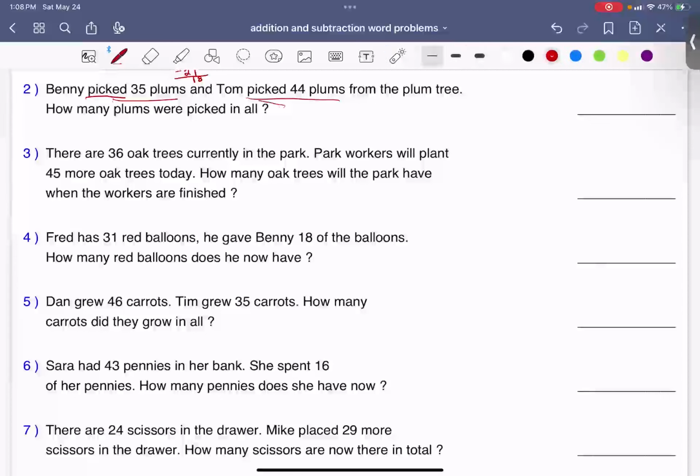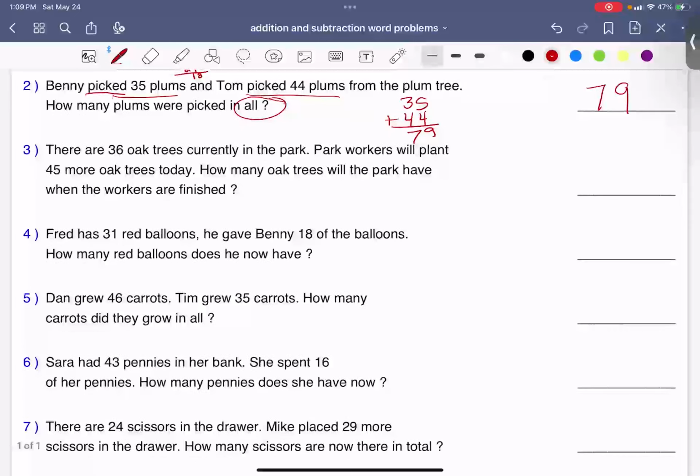So when I see the word all, that means together. So that's going to be 35 and 44 together. So I'm going to add 35 plus 44, and that gives me 79. So 79 plums were picked in all.